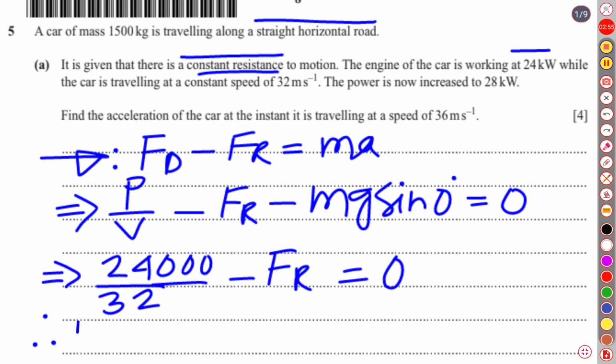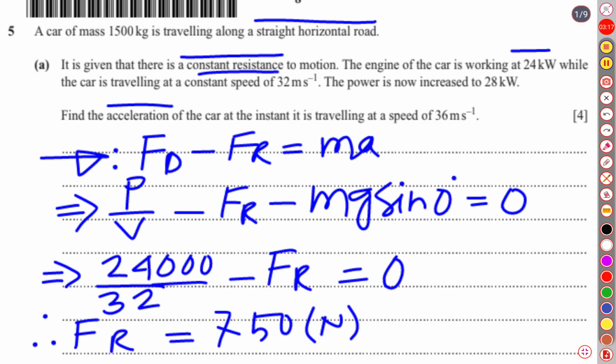Hence our resistance to motion, if we divide 24,000 by 32, is going to be 750 newton. So 750 newton is our constant resistance to motion. Then they have told us to find the acceleration.